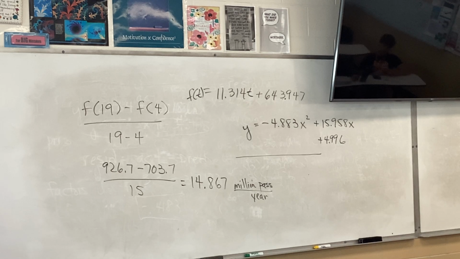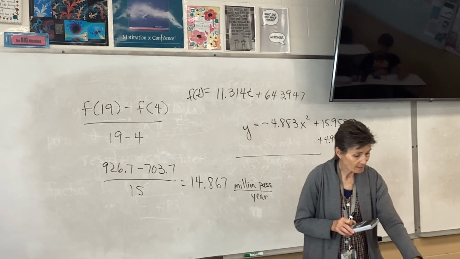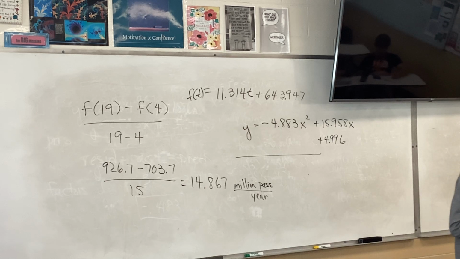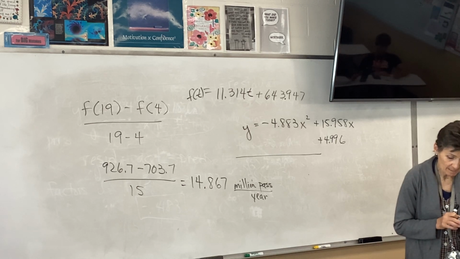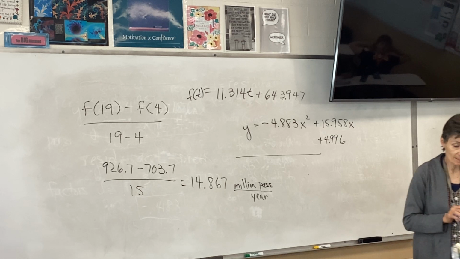R squared is the number that tells you what percent of the variation in the data the model itself explains. So the answer to question C, what percentage of the variation is explained: 66.51%.